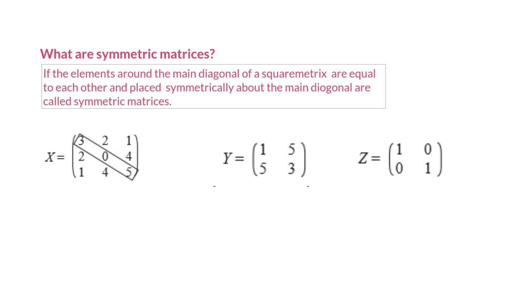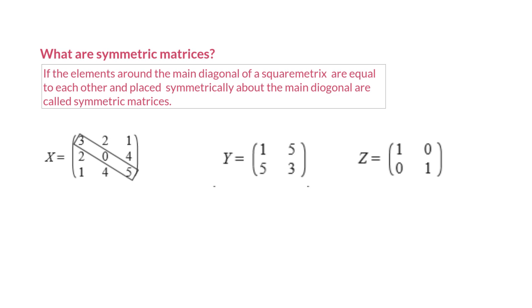You have 2 there and 2 there, and 1 here and 1, and 4 here and 4. So they are placed symmetrically about the main diagonal. This main diagonal is acting like a mirror line. So these are called symmetric matrices.